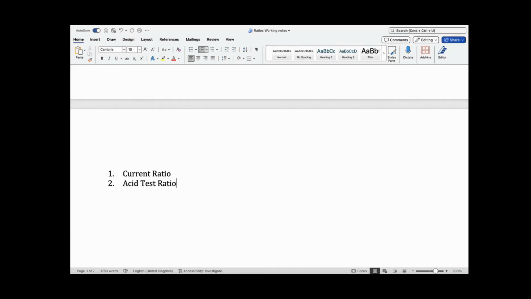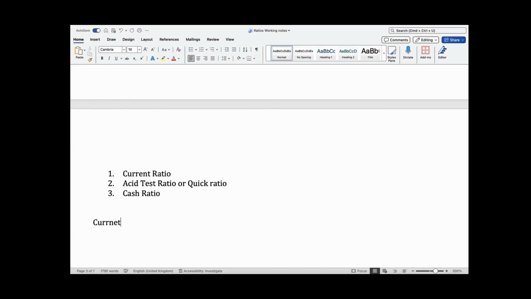What's another name for acid test ratio? Quick ratio. We have even the cash ratio as well. And there are other ones, but these are the key ones for your exams.